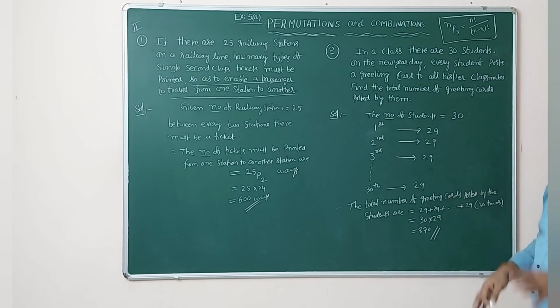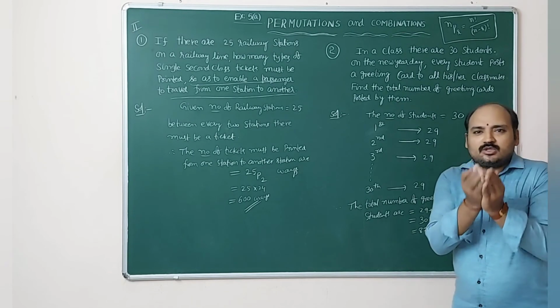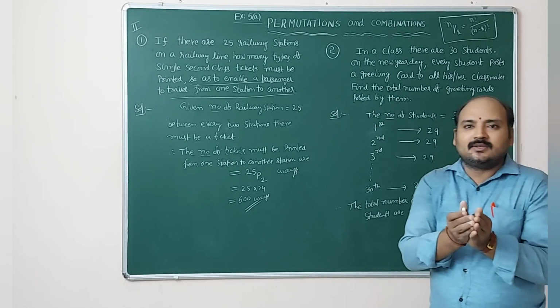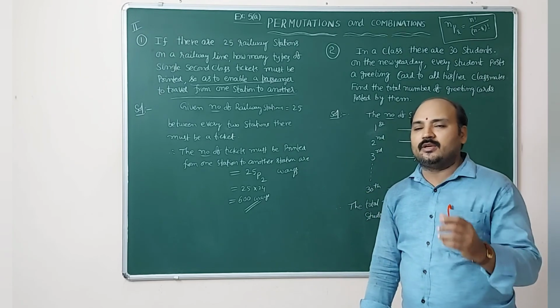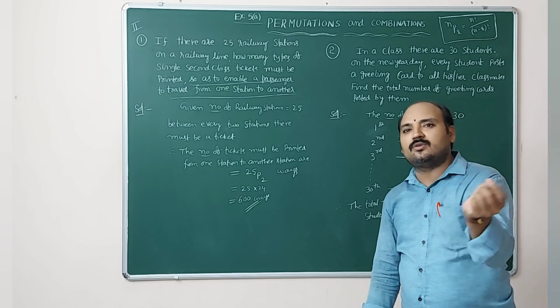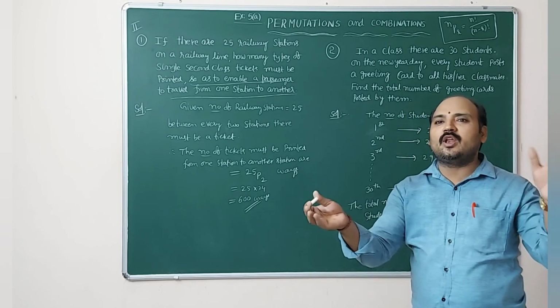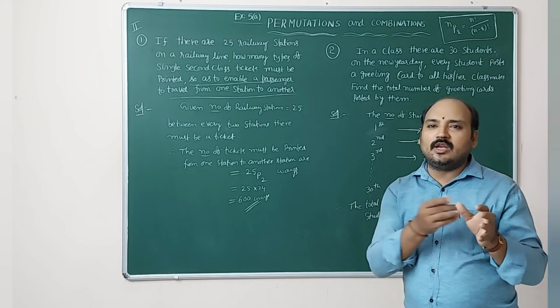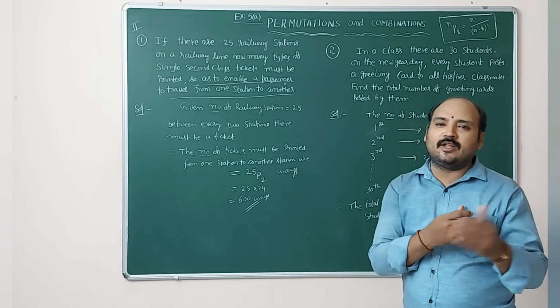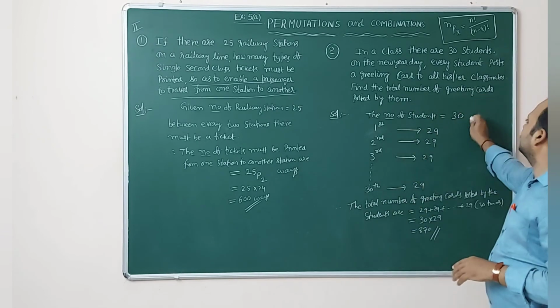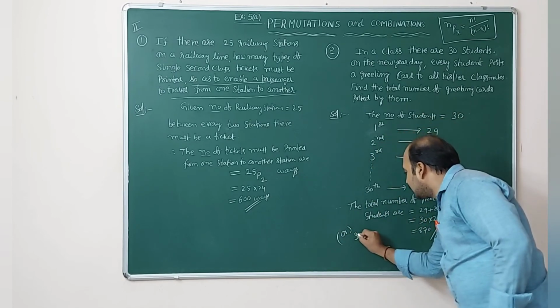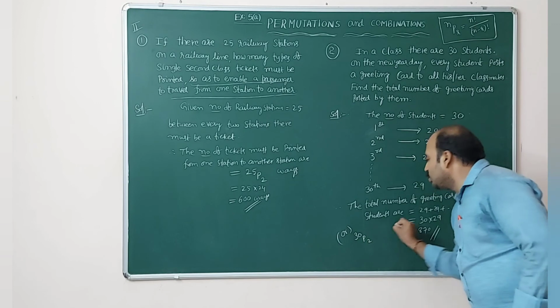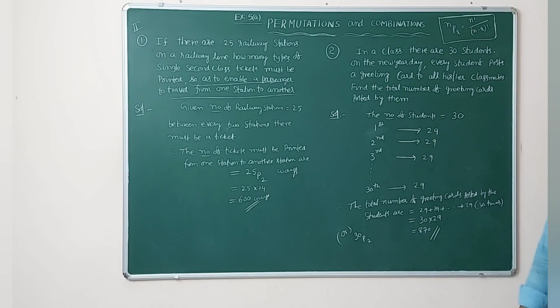Another way also we can do it, simply. One student must post a greeting card to the other student. So here, how many students are mutually greeting one another? 2 students out of 30. You can do it like this also: out of 30 students, you can arrange 2 students to distribute the greeting cards.